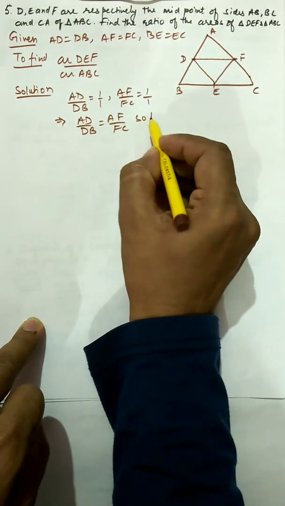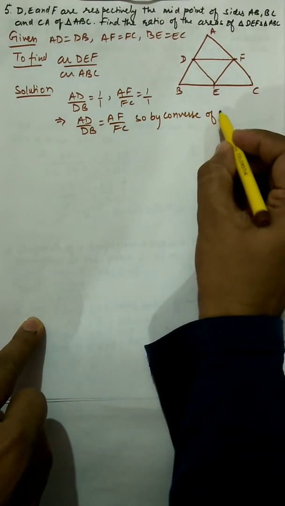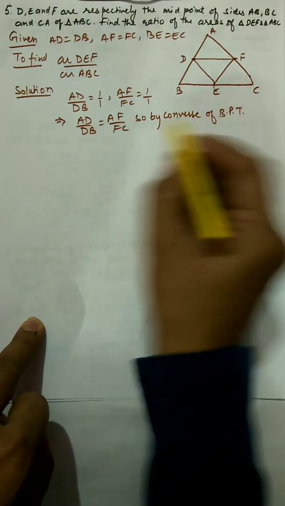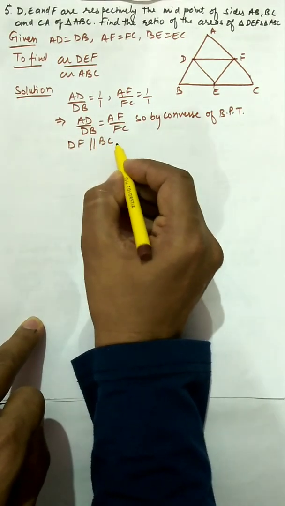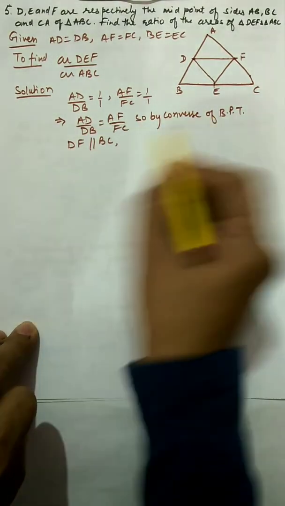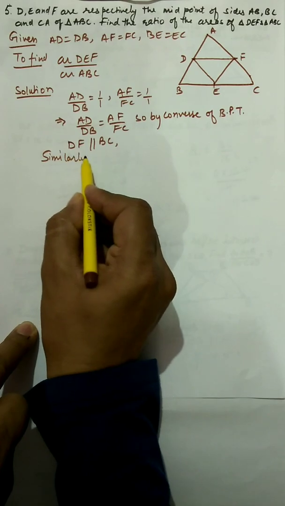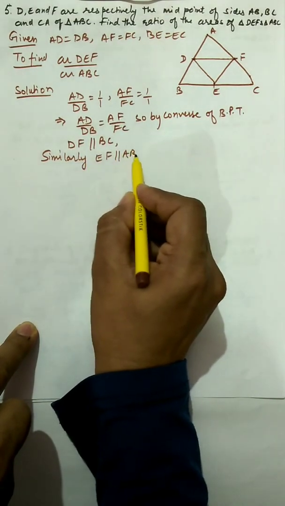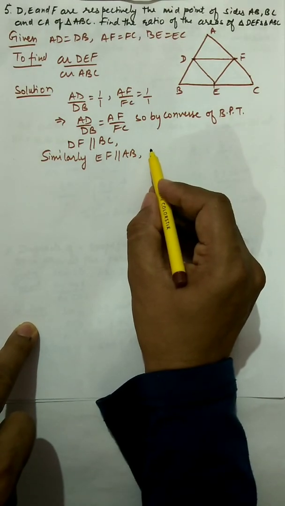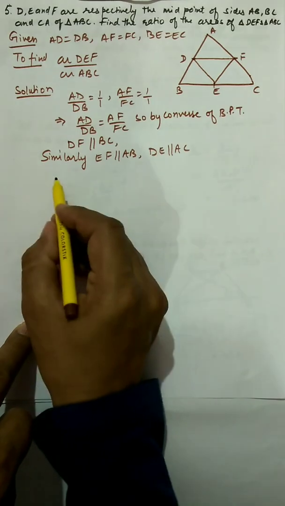So by converse of BPT, we can say that DF is parallel to BC. So this is how we can show using BPT. Similarly, EF will be parallel to AB and DE is parallel to AC.